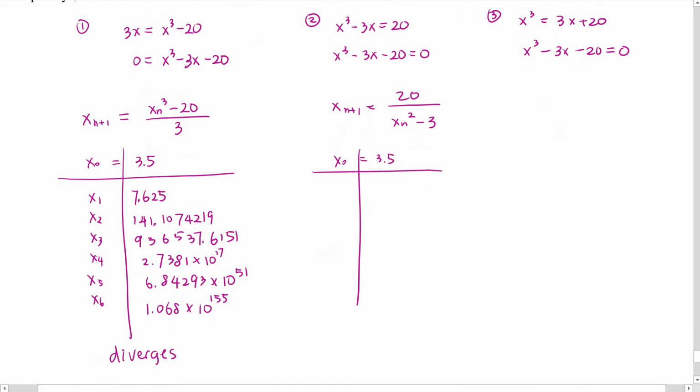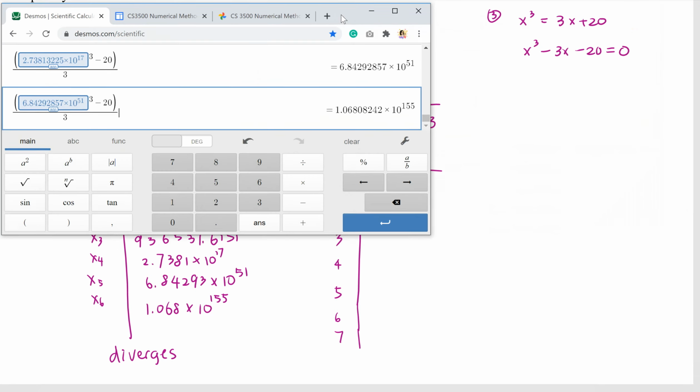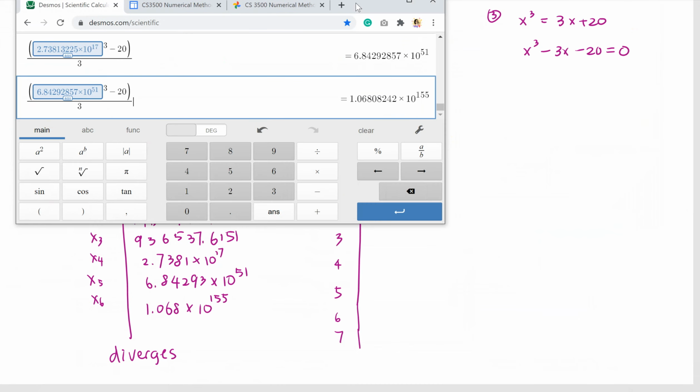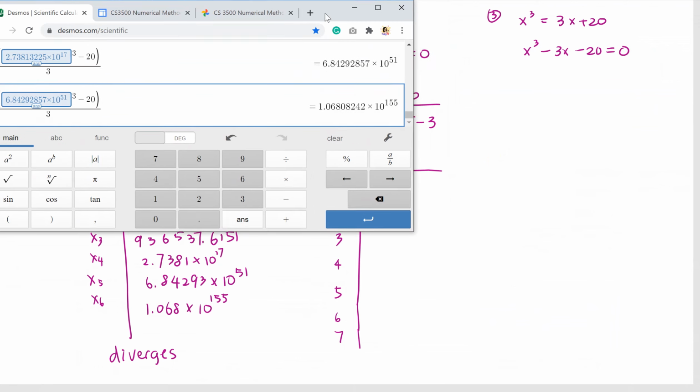If you don't mind, instead of x1, x2, x3, I just put 1, 2, 3, 4, 5, 6, 7 for the steps. Is that okay? All right.